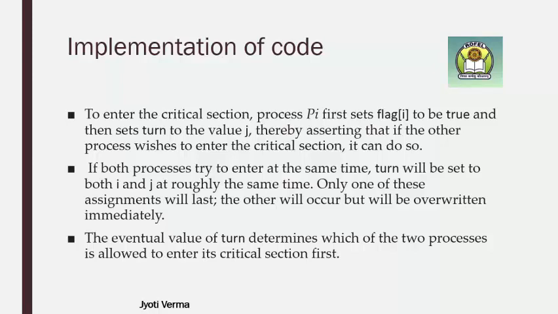If both processes try to enter at the same time, turn will be set to both i and j roughly at the same time. Only one of these assignments will last. The other will occur but will be overwritten immediately. The eventual value of turn determines which of the two processes is allowed to enter the critical section first.